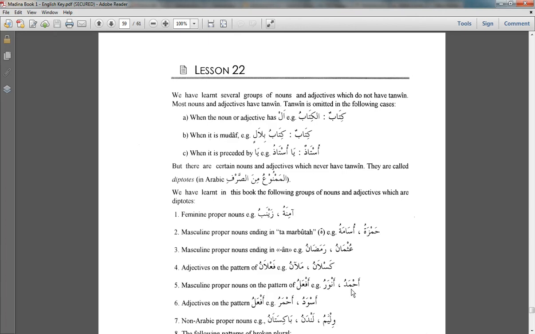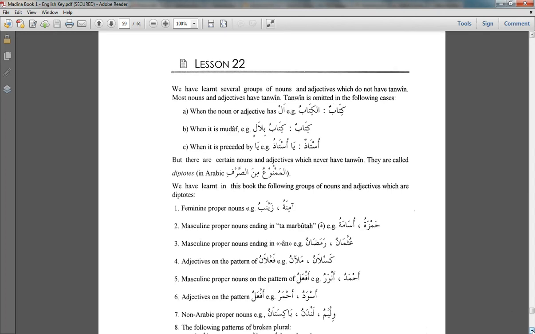Hamida yahmadu, from bab sami'a yasma'u, ahmadu means I am praising, and so on. So basically, if it imitates a verb, then it is غير منصرف. Adjectives on the pattern of af'alu, ahmaru, aswadu, which are basically colors, will also be diptoads.